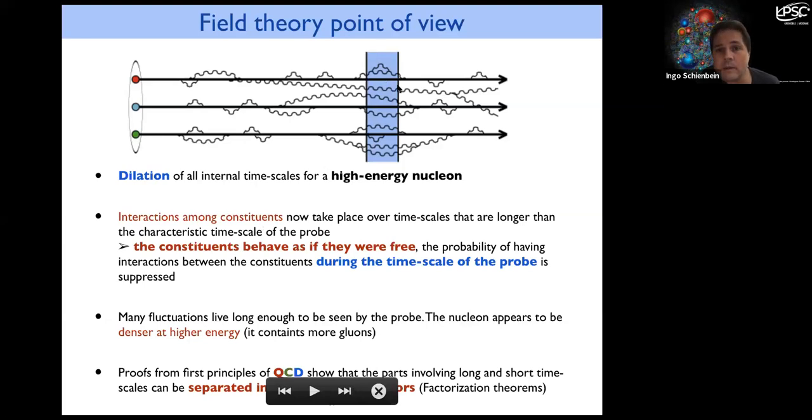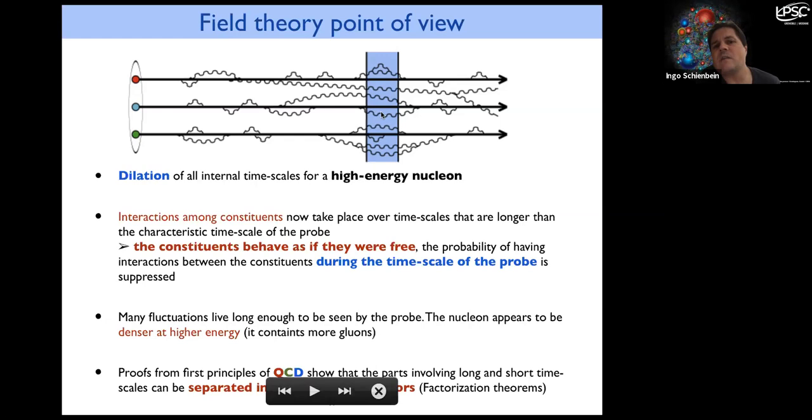So if you look at this blue blob, essentially the constituents behave as if they were free. You see in addition maybe some other free gluons floating around, and there could be fluctuations, so there could also be other quark lines in addition to the valence quark lines floating around.